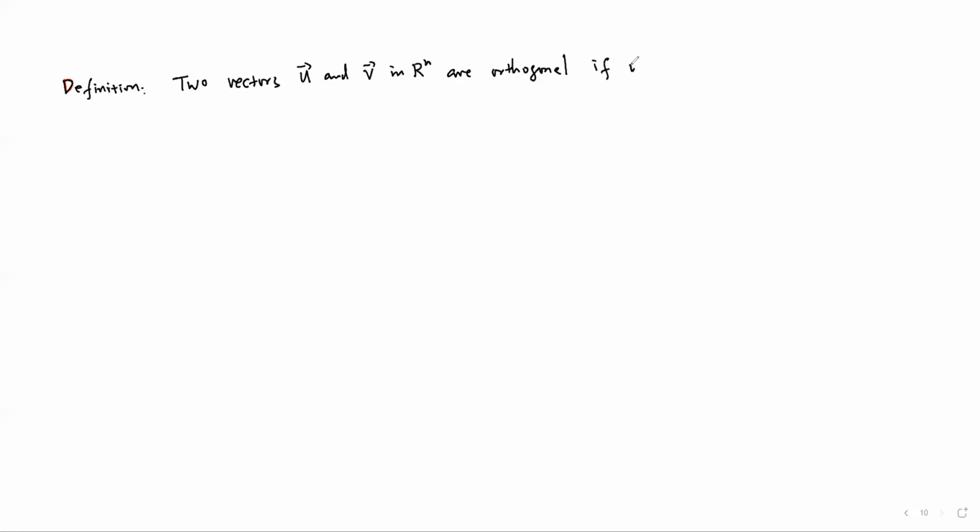If their inner product is 0, then we consider these two vectors orthogonal.